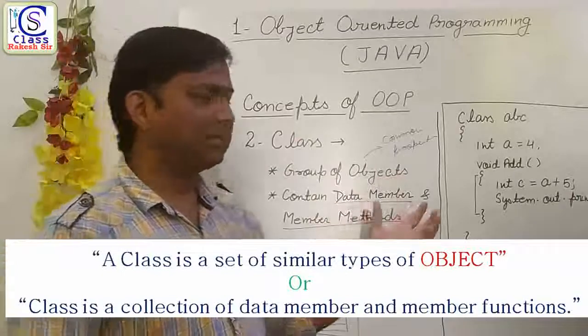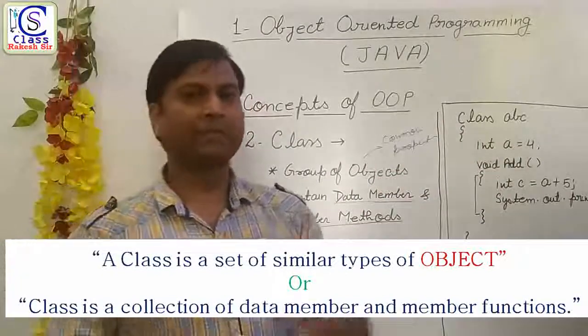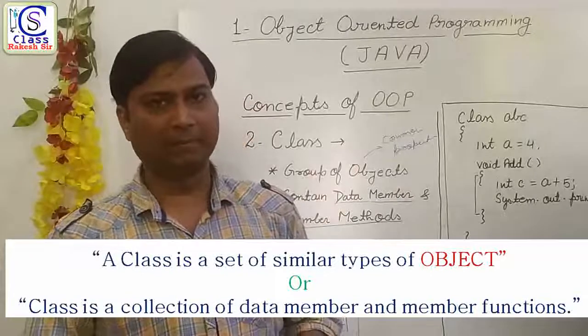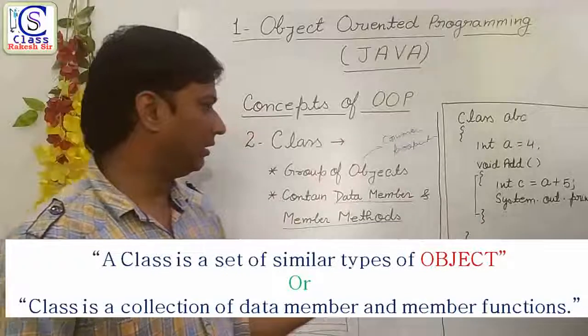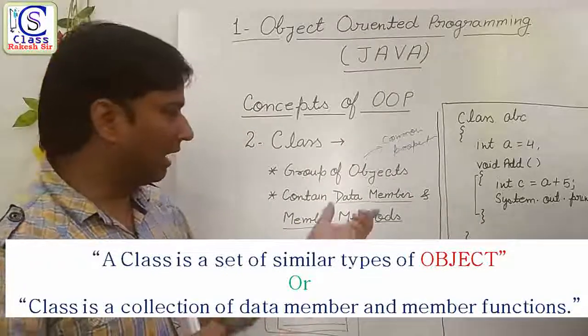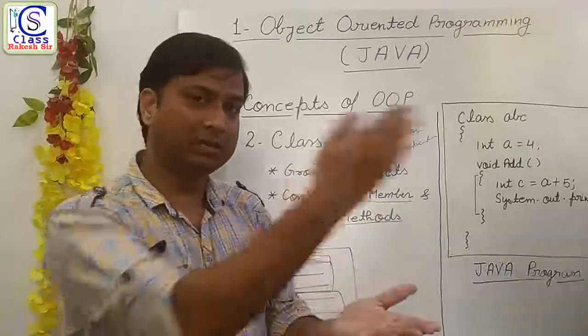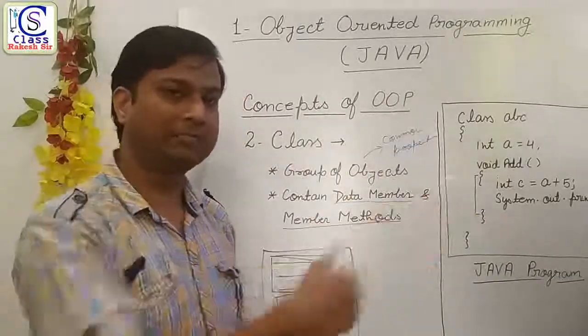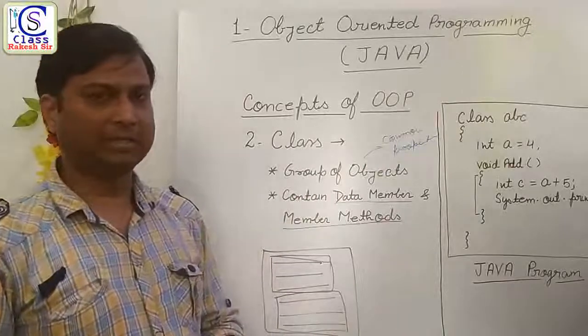Only 3 points will be declared inside the class: objects, data members, and member methods. I am explaining data members and member methods here, and I will explain them briefly in your next chapter.